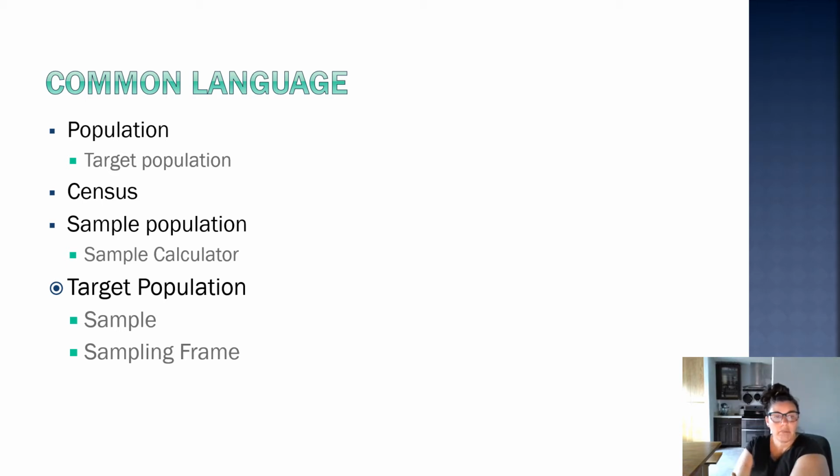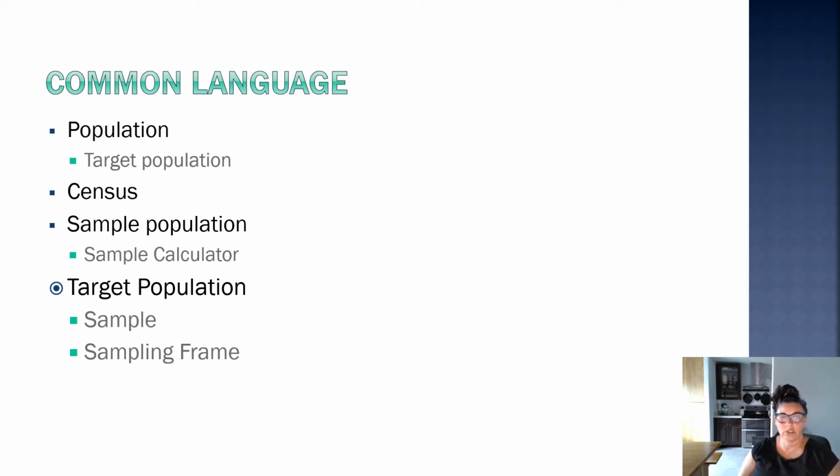Your sample population is the sample of people who you're actually able to or need to ask questions of. So in order to get a good representative perspective on everybody who attends public school in Orange County, you don't need to talk to every single person who attends public school, or even public high school, in Orange County.